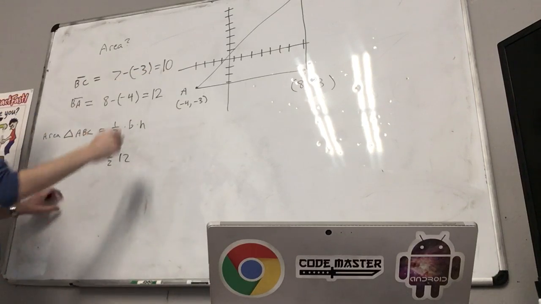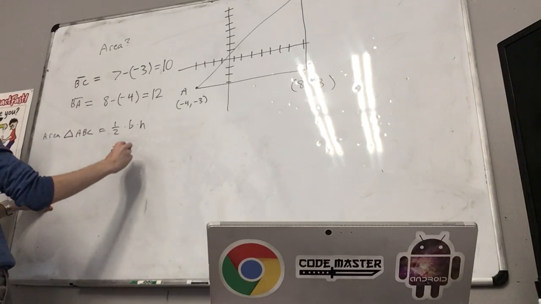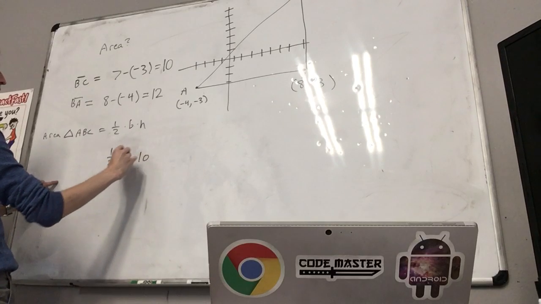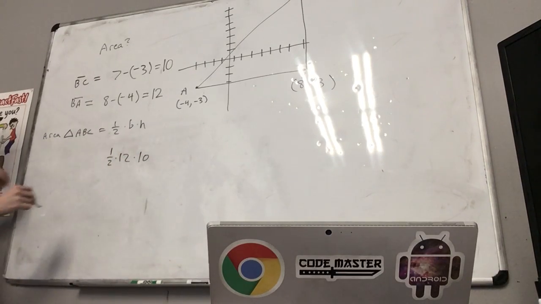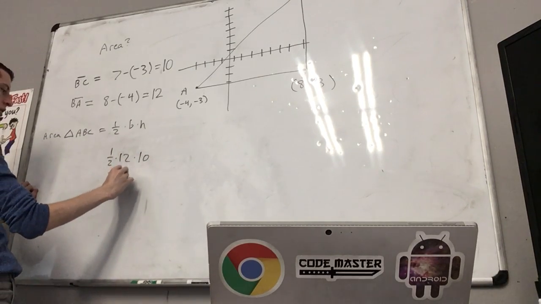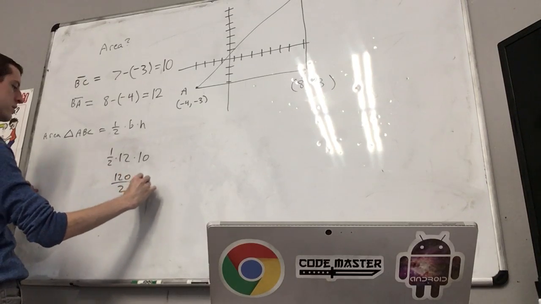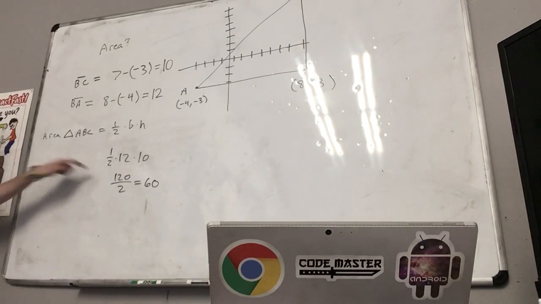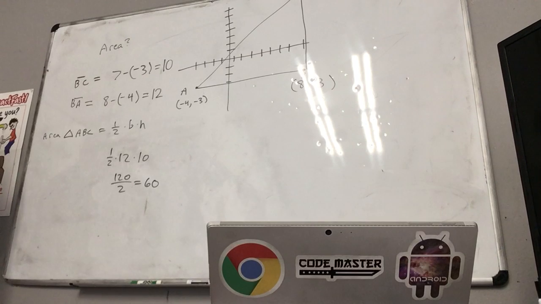Our height is BC, it's 10. 1/2 times 12 times 10. We can say it's 120 divided by 2, so 60. We can also say it's 6 times 10 is 60. Either one works. You good on that?